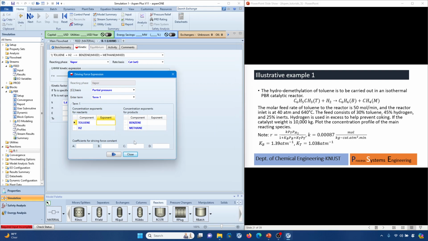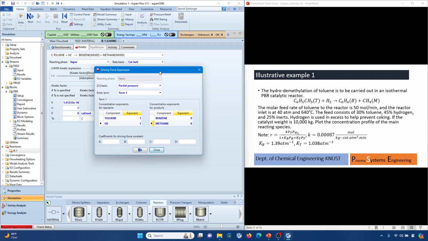So we go ahead, the exponent for toluene is 1, same for hydrogen. We do not have any of these out there, so alternatively you could leave it blank and Aspen will assume it's 0. So that is how it knows what is and what is not present in the form.